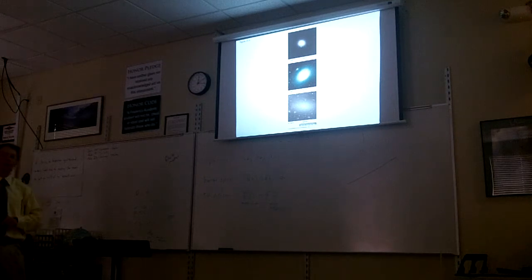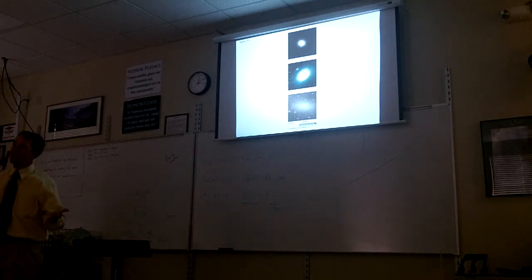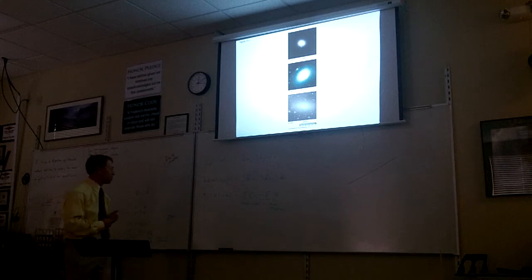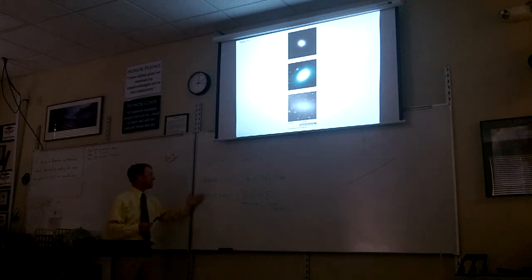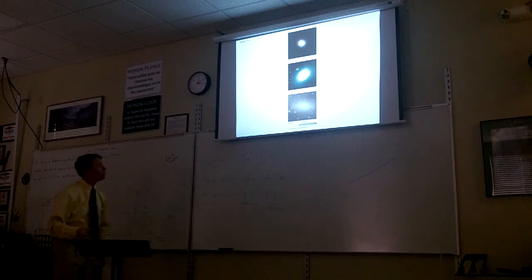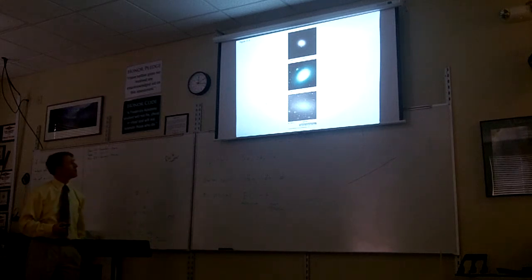There are elliptical galaxies that are 10 times as big as the Milky Way, with trillions of stars. Even more than that. The biggest galaxies we see are ellipticals. There's an E2. Look at that.